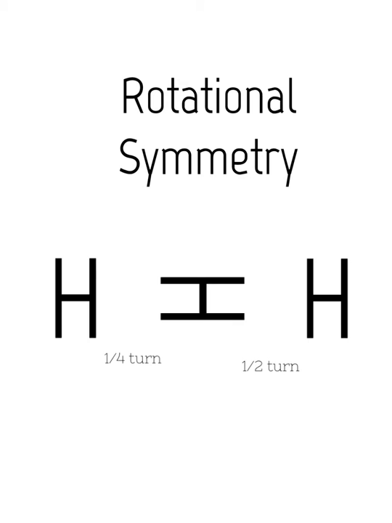So this here is an H. It starts in its first position. After a quarter turn, it'll go to its side, and then after a half turn, it goes to its original position. So that means that it does have rotational symmetry.